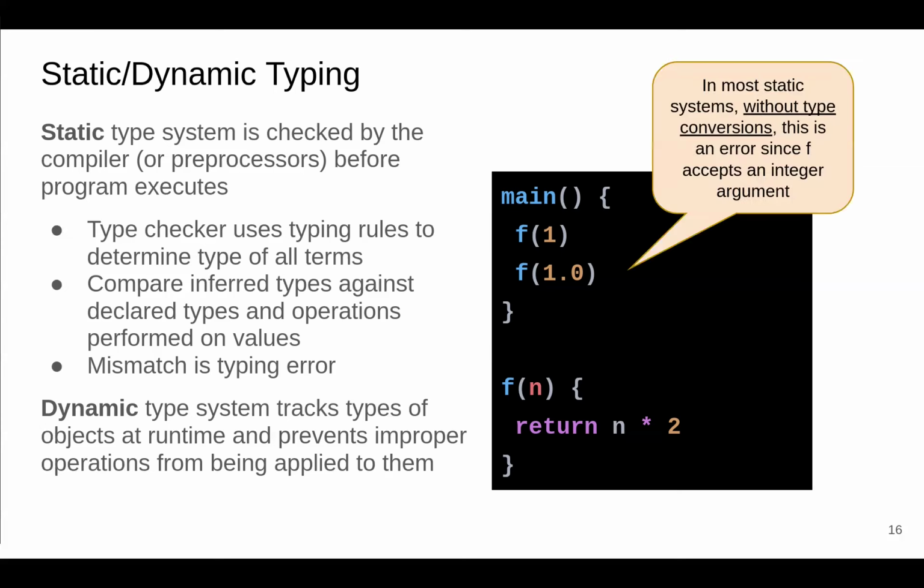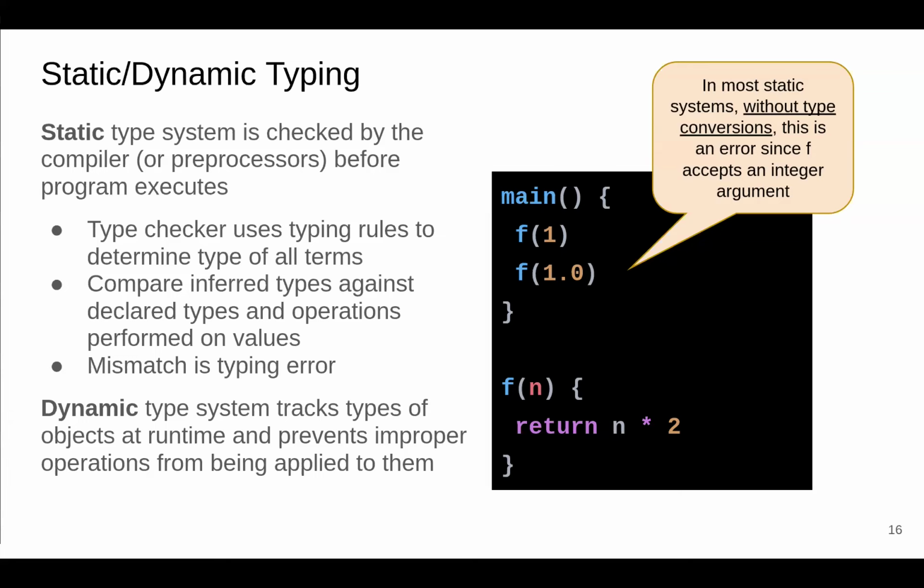So in this example here, we've got this simple function. We're calling this function which returns n times 2, the parameter n times 2. We call it once with an integer, once with a float. In most static systems without type conversions, this is an error, since the system will infer, oh, this is an integer, so we'll happily accept this as integer only.